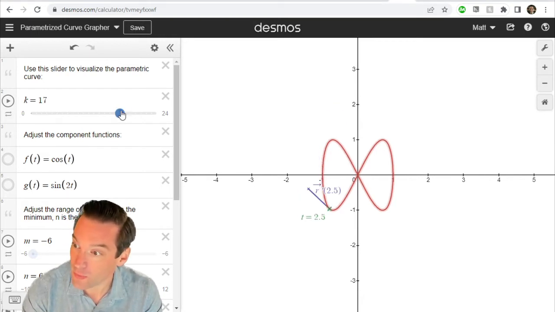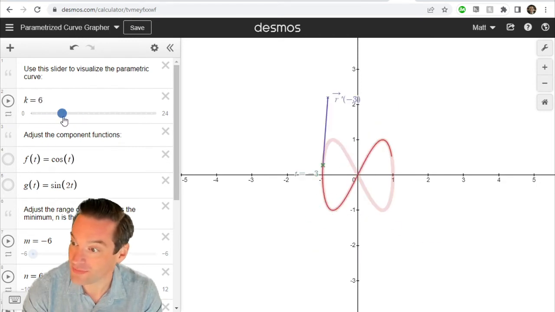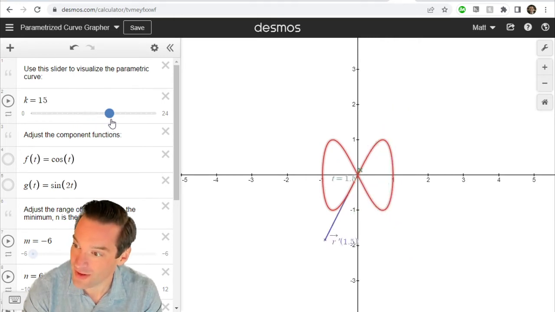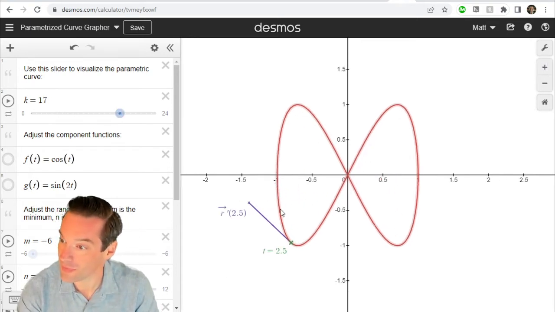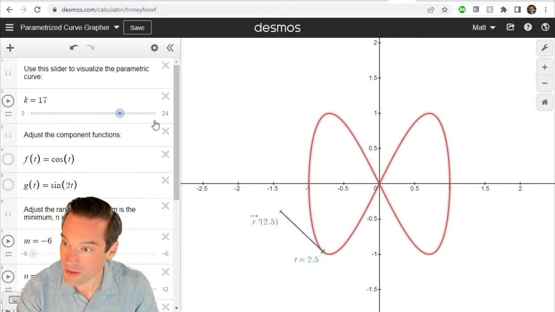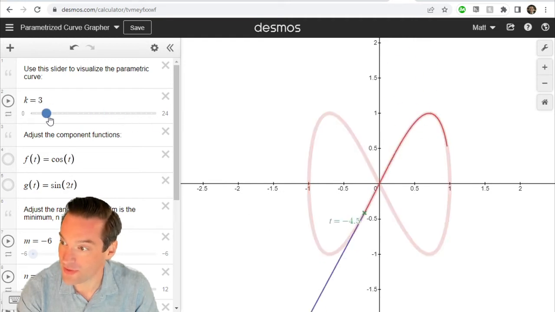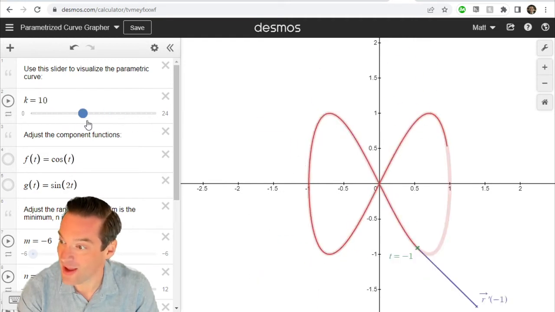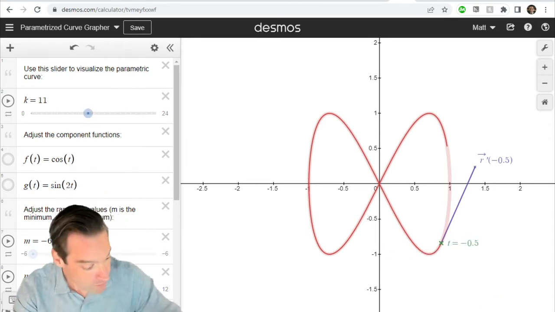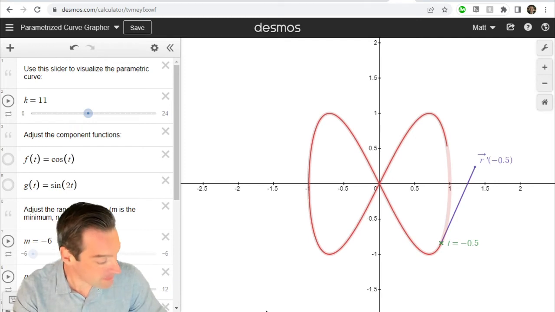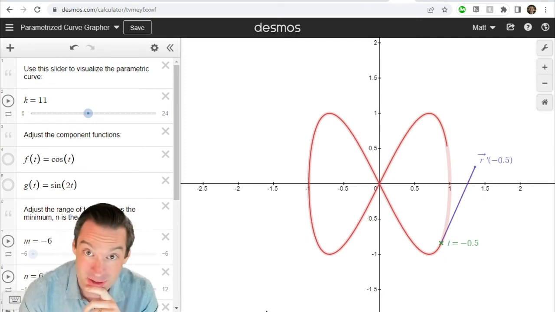If we look at what the derivative vectors look like everywhere along my parameterization, what's your observation about what these derivatives are telling us about this parametric curve? What kind of a relationship do these derivative vectors have to the curve? Tangent? They certainly look like they're tangent.